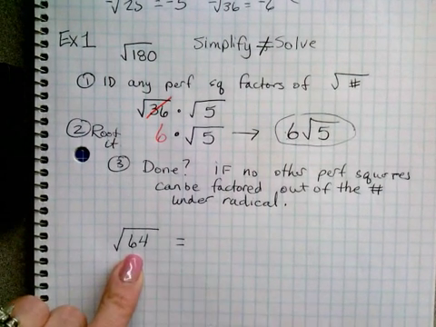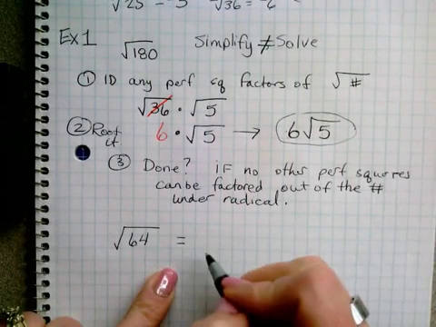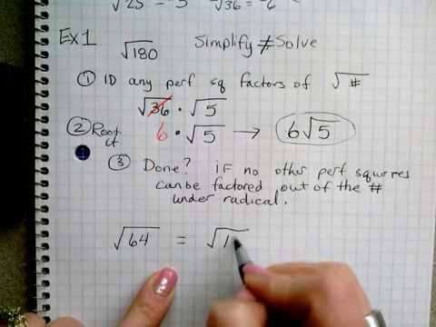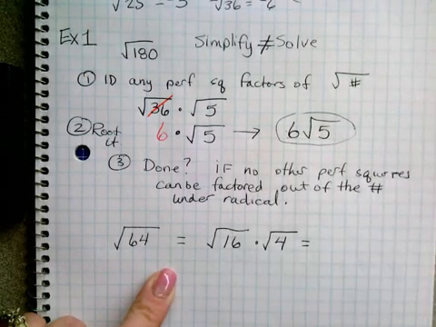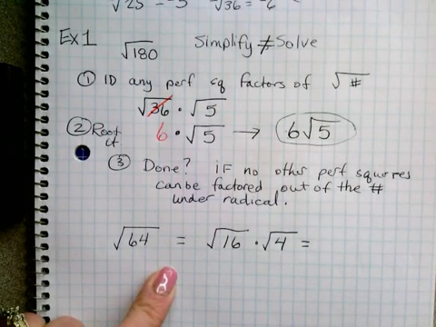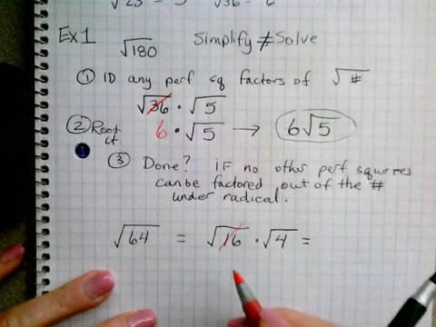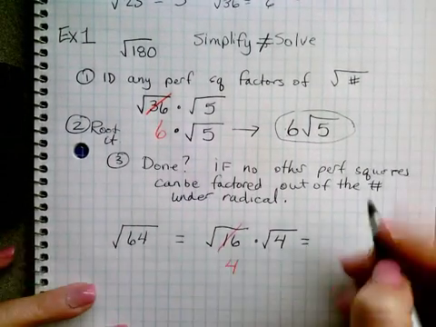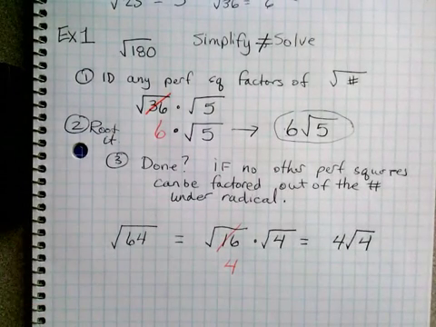Let's just say I forget that this is a perfect square, and I identify this as being 16 and 4. Okay? And I forget that 4 is a perfect square, and I say the square root of this is 4. Therefore, the answer must be 4 times radical 4.